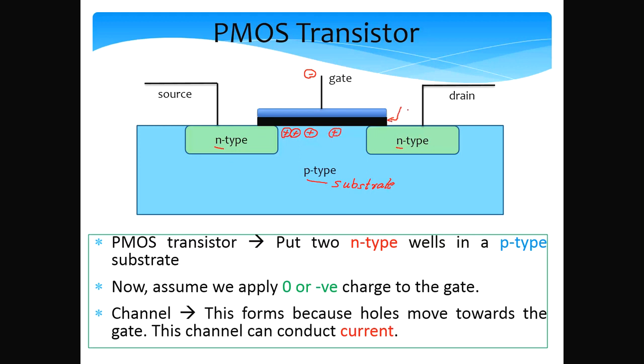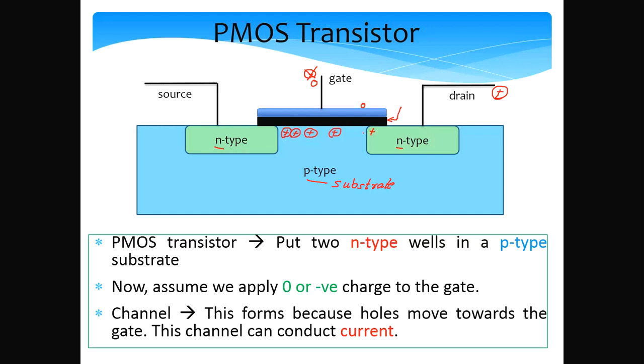So here is what I can do. Let us assume that I apply a positive charge to the drain, and in this case let me assume that the gate is connected to the ground. If you consider this region of the transistor, there is a net positive charge, and here let's say the charge is 0.